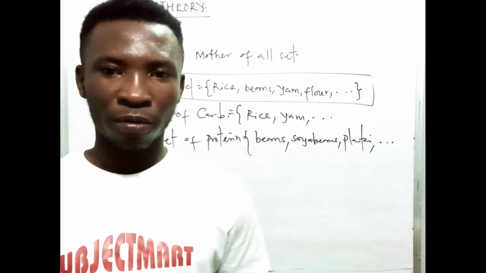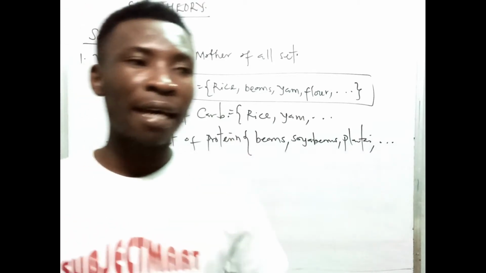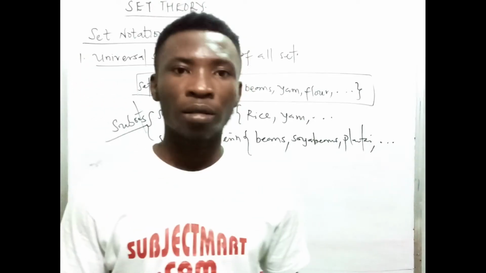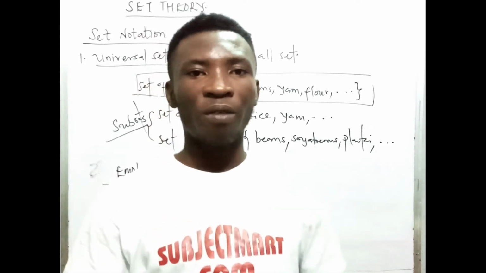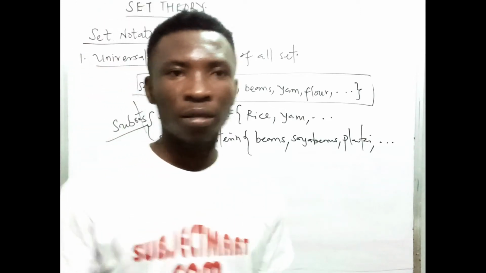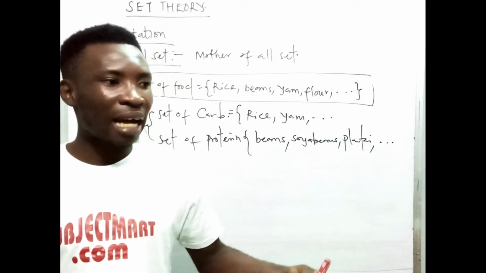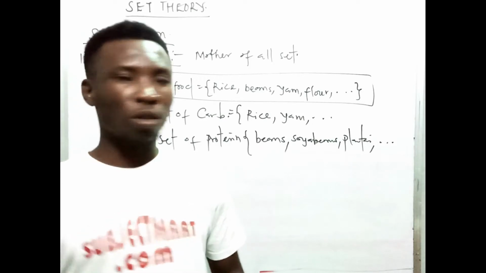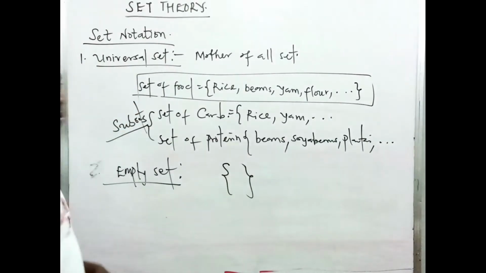For example, a set of all fathers that can breastfeed their child. Look at this set. There's actually no father that can breastfeed their child. So this is going to give an empty set.